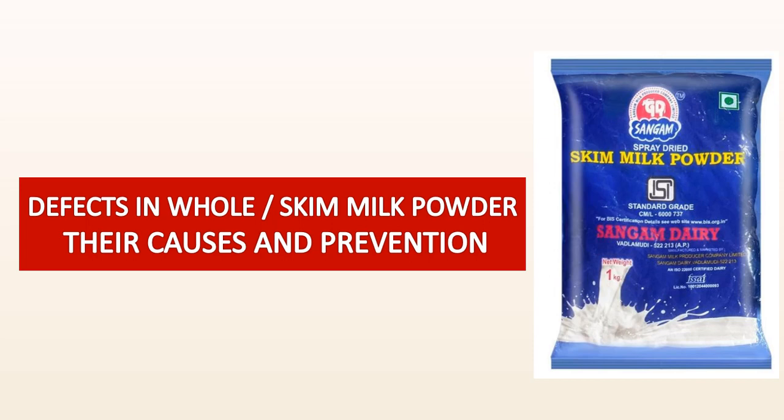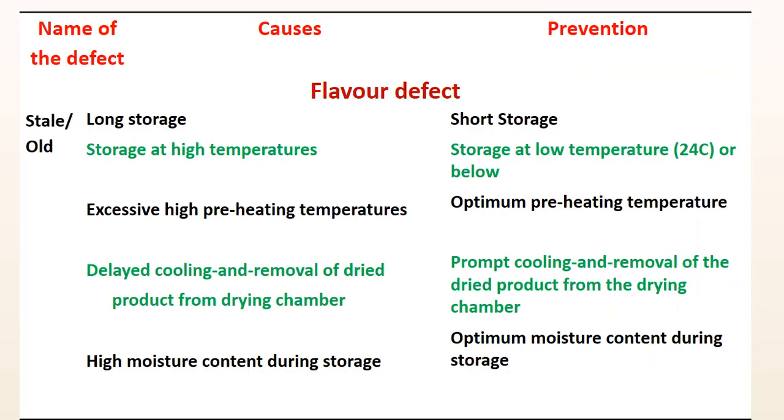Now the last defect in milk product, that is about the defects in whole milk powder or skim milk powder, their causes and prevention. The flavor defect in milk powder, the most common is stale or old. The causes are long storage, storage at high temperature, excessive high preheating temperature, delayed cooling and removal of dried product from the drying chamber, or high moisture content during storage.